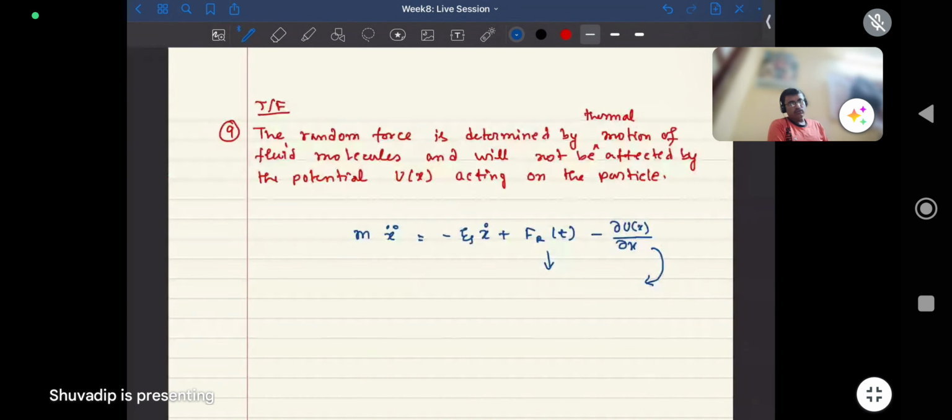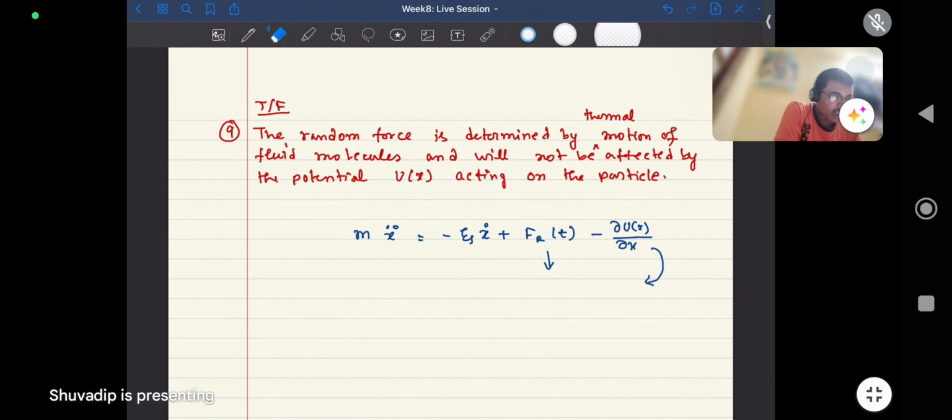Again, this random force is completely independent, due to the thermal motion of the fluid particles, and this ∂U/∂x is due to some external potential, electric field or magnetic field, maybe gravitational force, something like that. That thing is not affected by the thermal kicks.